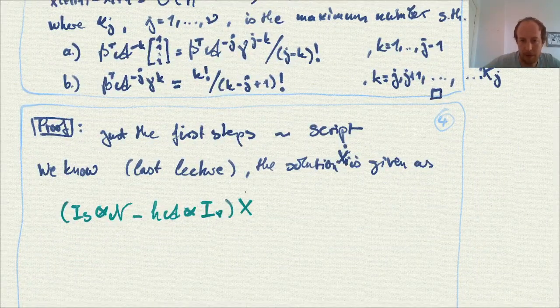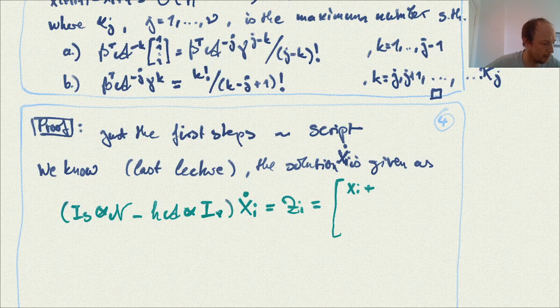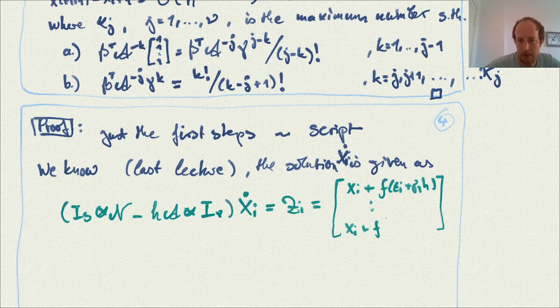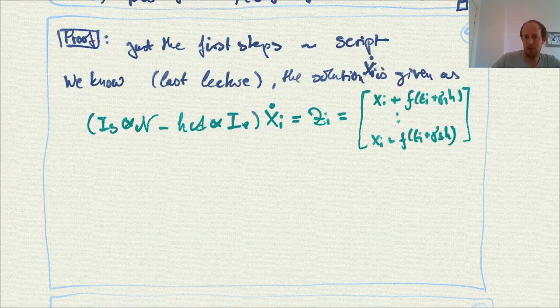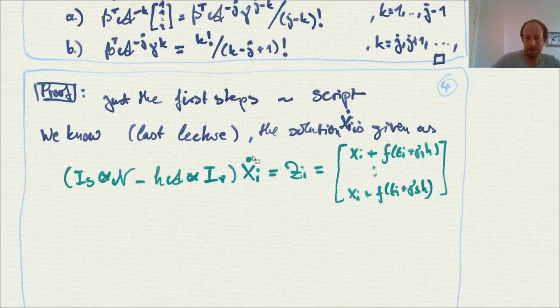So we have to solve this system for the stage values, and the right hand side is the Z_i, and in this case it was given as x_i plus f of t_i plus gamma_1 h, all the way down to f of t_i plus gamma_s times h. Okay, so we know the solution.